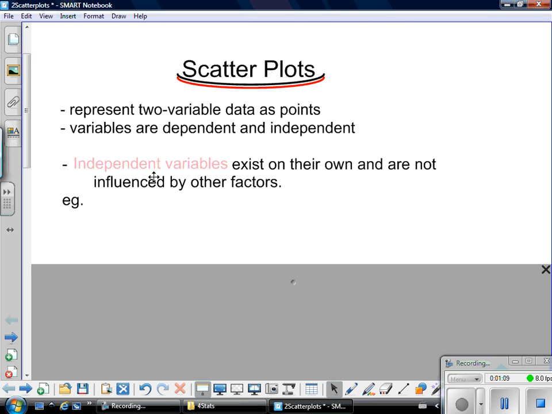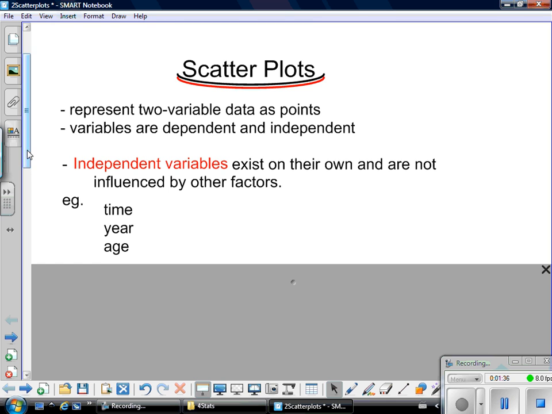So first of all, independent variables exist on their own and are not influenced by other factors. So examples of that could be things such as time, the year, a person's age. Those exist no matter what happens.